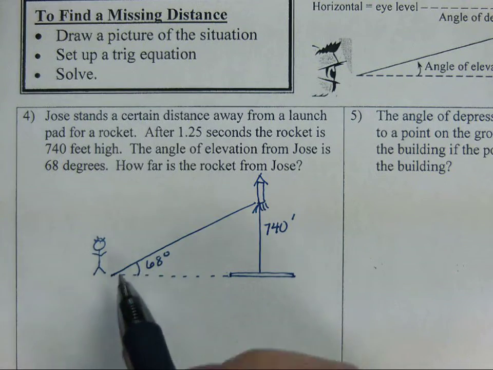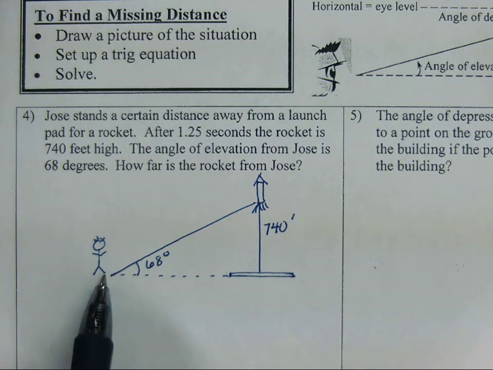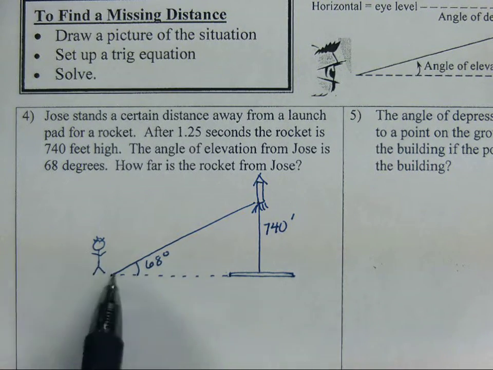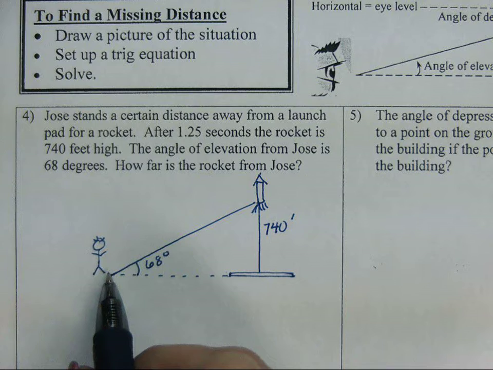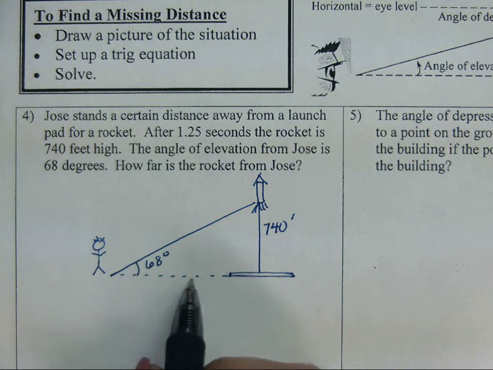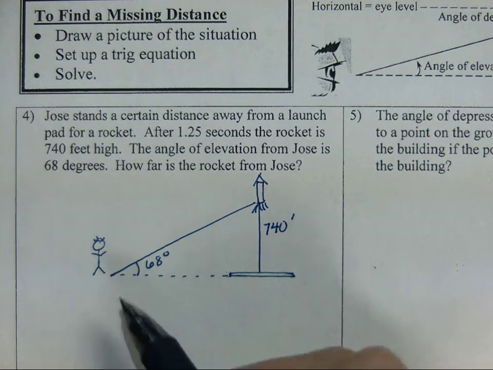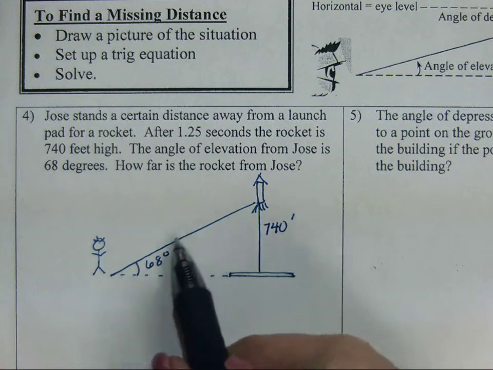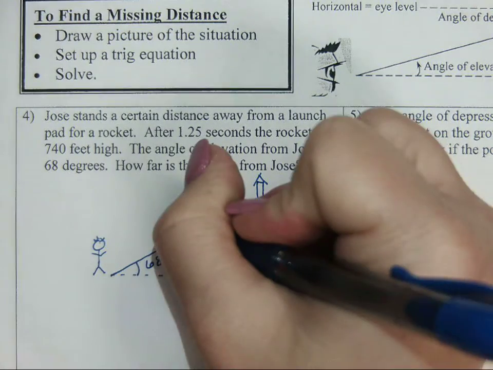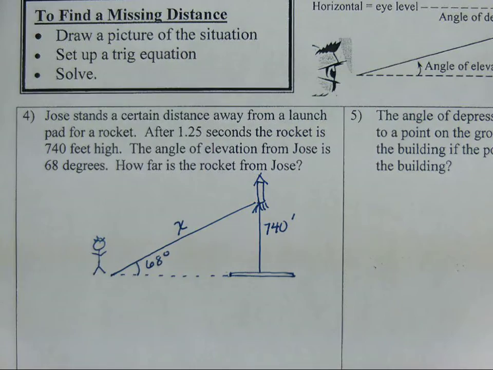All right. So sometimes you can be talking about from Jose to the ground, or the ground level. And if that was the case, I would want to ask you the question, how far is Jose from the launch pad? All right, so that's how far he is from the launch pad. How far Jose is from the rocket, I'm going to make that this angle right here, or this side, and call that X. All right, so how far Jose is actually from the rocket is that distance.